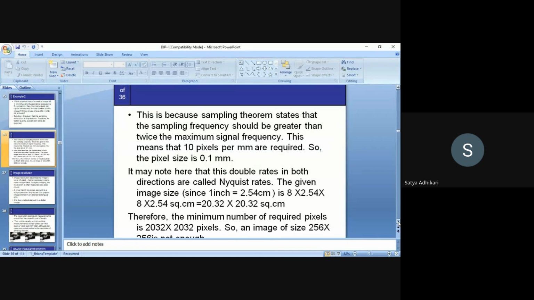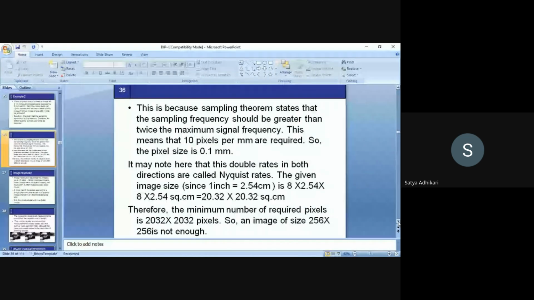So an image size of 256 by 256 is not enough, because we need at least 2032 into 2032 pixels.